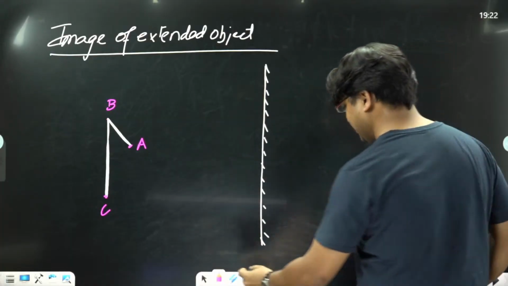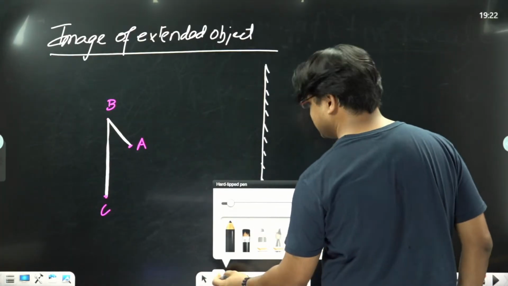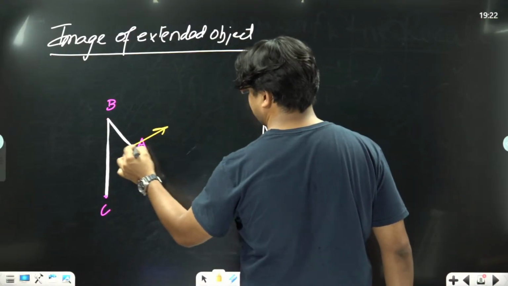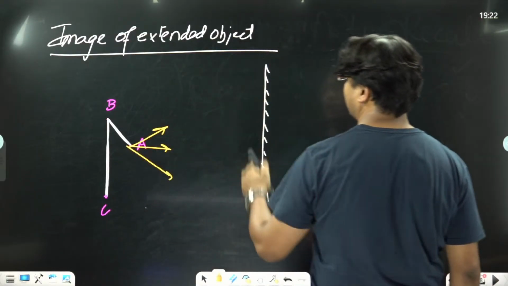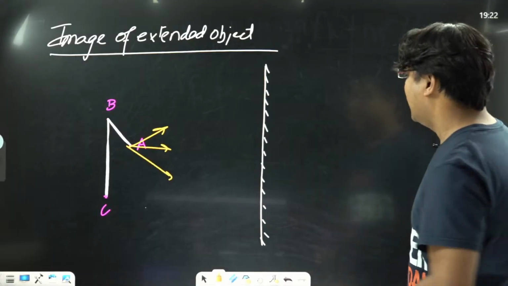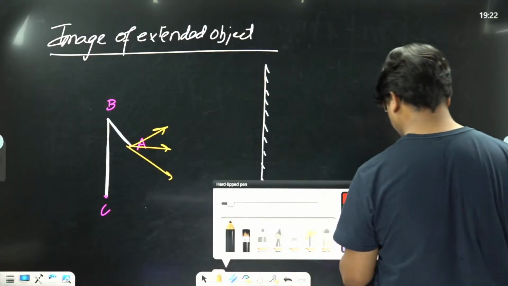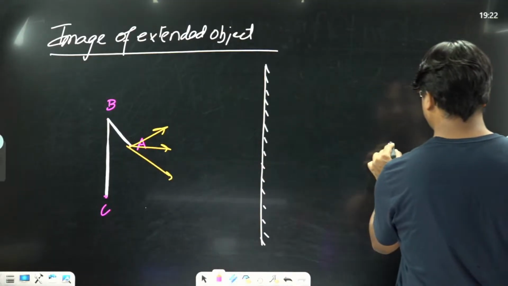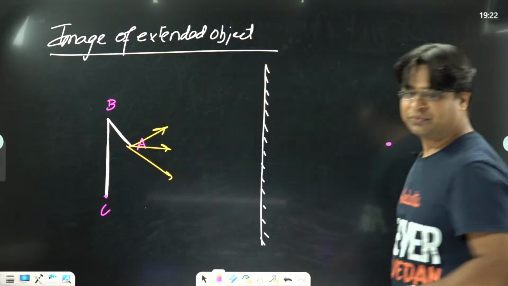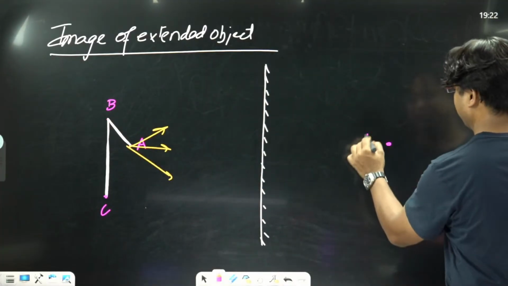So this point is giving out rays like this. These rays are getting reflected by the mirror, and therefore the image of A is created somewhere here, at the same distance. Let's call it A prime.